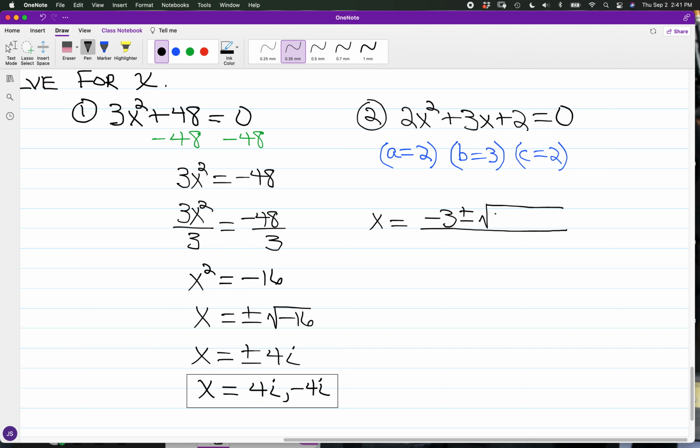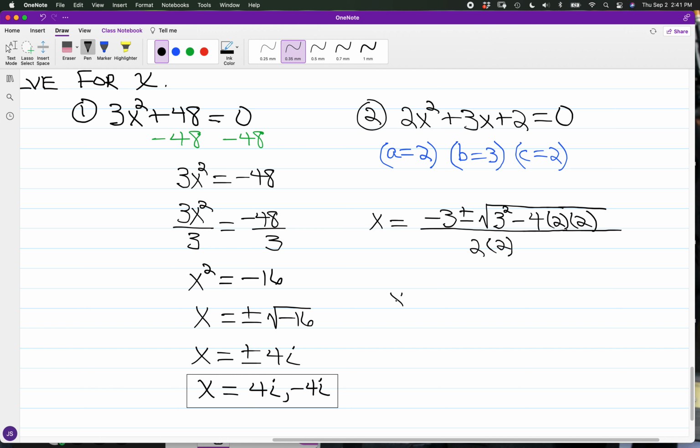Now b squared becomes 3 squared, minus 4ac, we have minus 4 times 2 times 2, and all over 2a, which is 2 times 2. The only thing I've done at this stage is substitute.